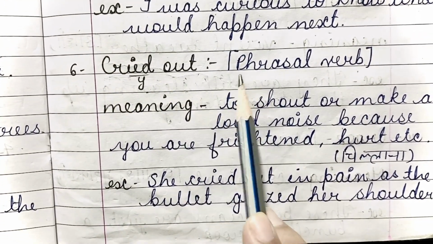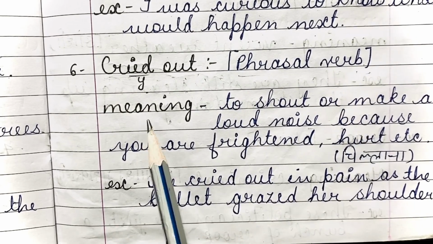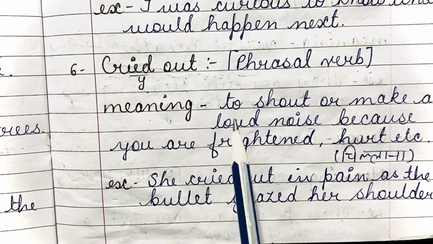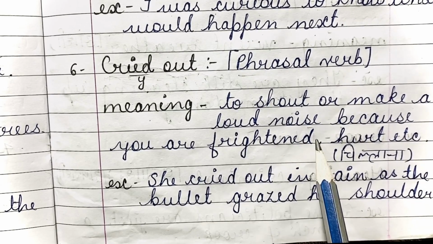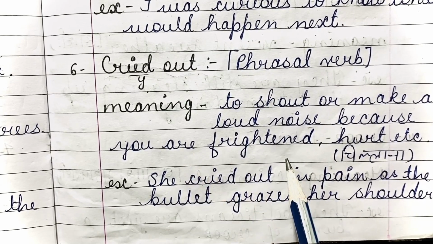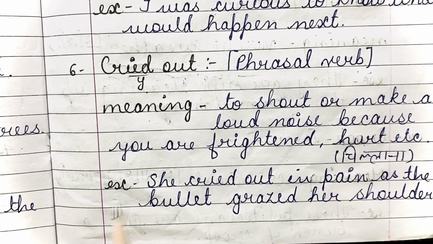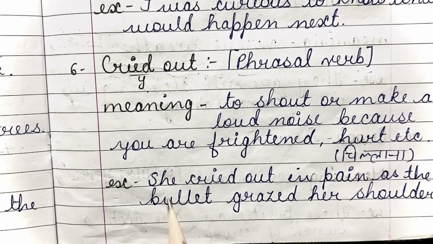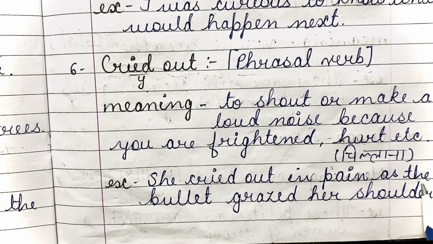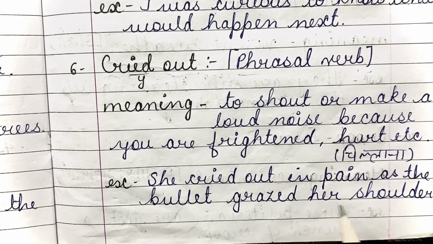Cried out is a phrasal verb. The meaning of cried out is to shout or make a loud noise because you are frightened, hurt, etc. Means chillana. The example for this word is: she cried out in pain as the bullet grazed her shoulder.